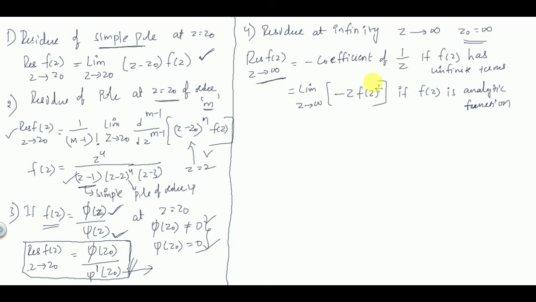Okay, so these two formulas you have to remember. If f of z is an analytic function, this will be the residue formula. If f of z has infinite terms, this will be the residue formula.